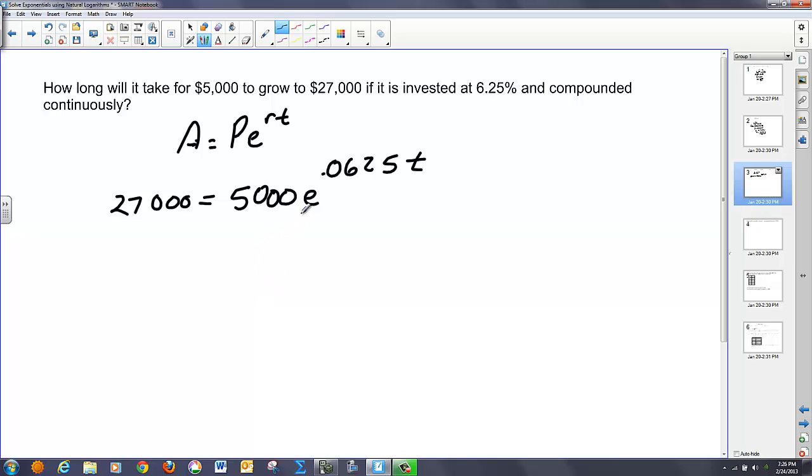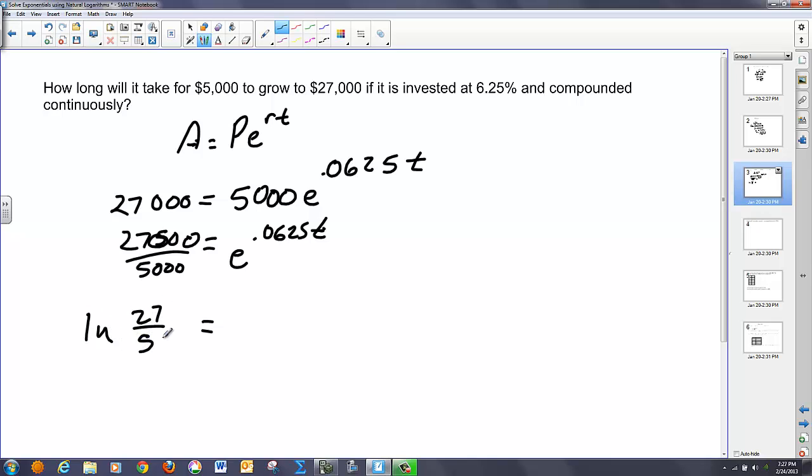Now before we had to use a calculator to do this, now all we have to do is take the natural log of both sides once we have our base term isolated. So I'm going to divide 27,000 by 5,000, and that will be equivalent to e to the 0.0625t. Take the natural log of both sides, which gives me the natural log of 27 over 5 equals 0.0625t ln e.